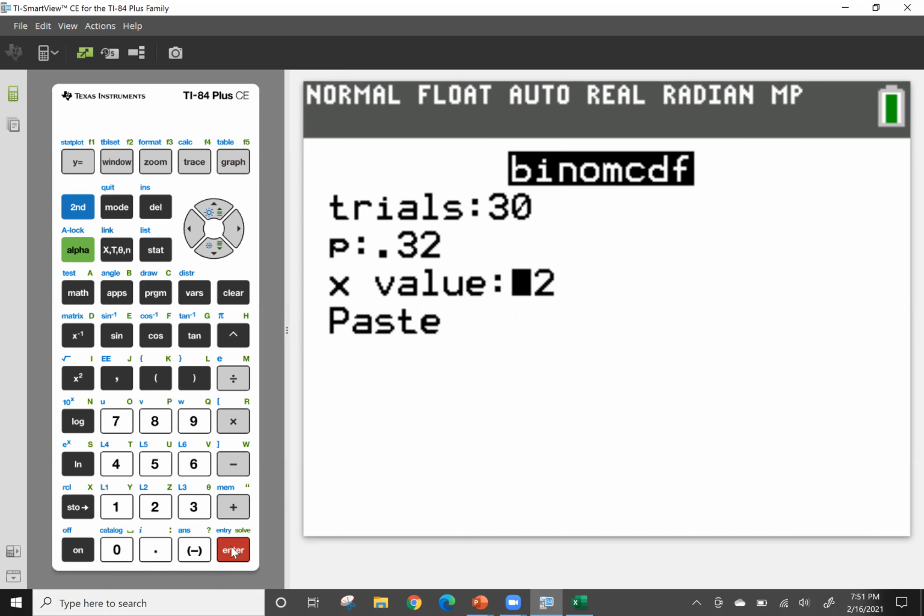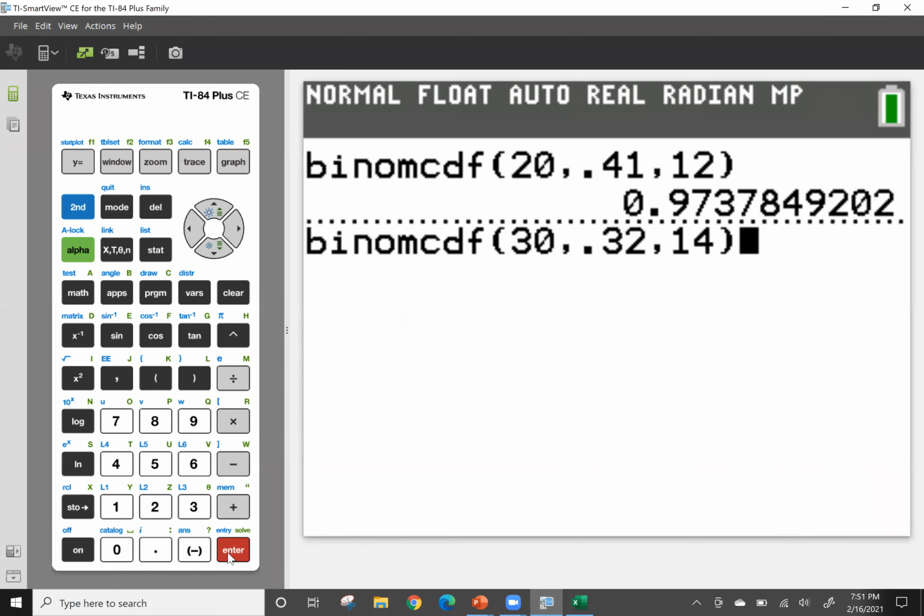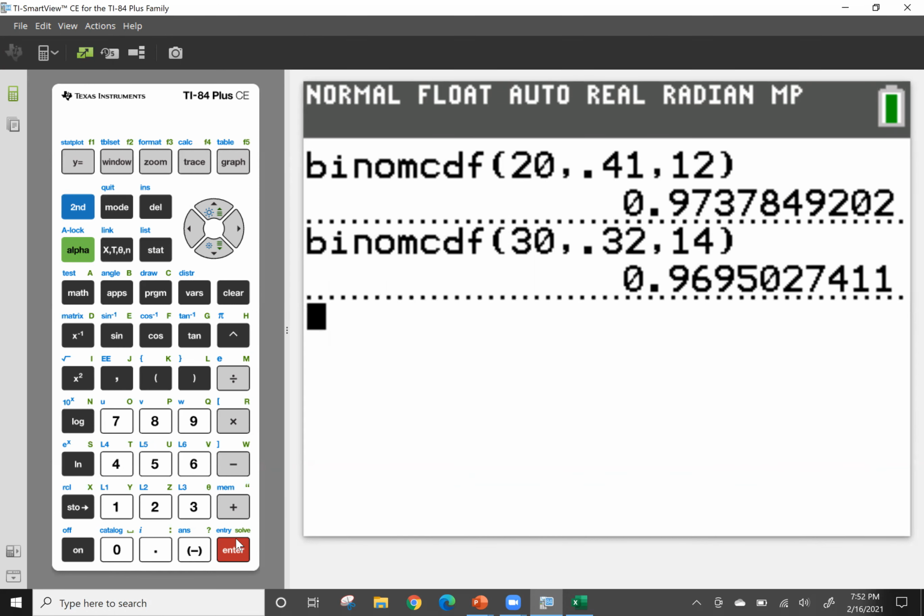And we're interested, what's the probability that if we randomly select 30 students that x will take on a value less than or equal to 14. So 0, 1, 2, 3, 4, 5, 6, up to 14. Okay, so calculate, and we get 0.9695.